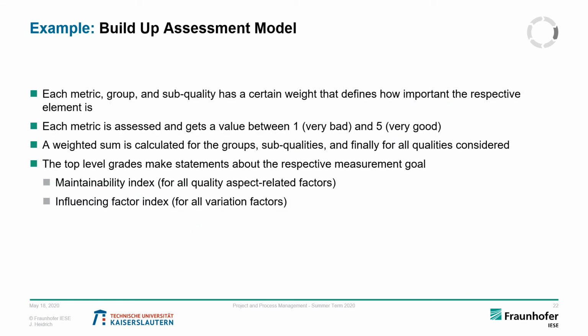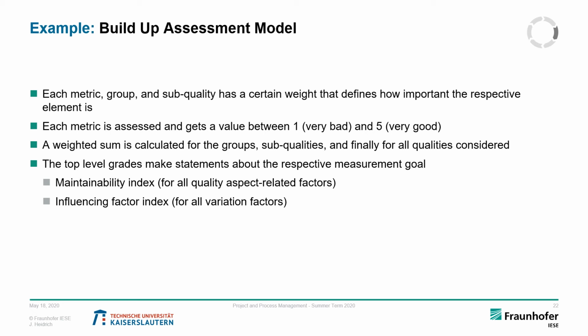After we have defined the 2 quality models, one for maintainability and one for the impact on maintainability, we have to think about how to assess quality and the impact on this quality based on our 2 models. And as you have seen in the previous slides, each metric group and sub-quality has a certain weight that defines how important the respective element is. And we map each metric to an evaluation scale between 1 and 5. 1 means very bad and 5 means very good.